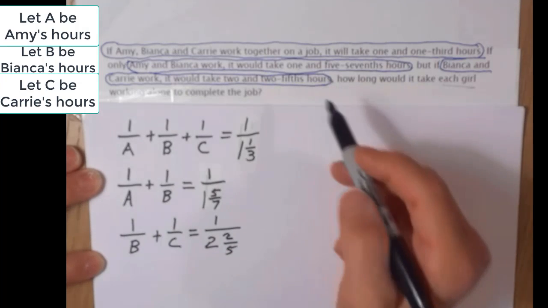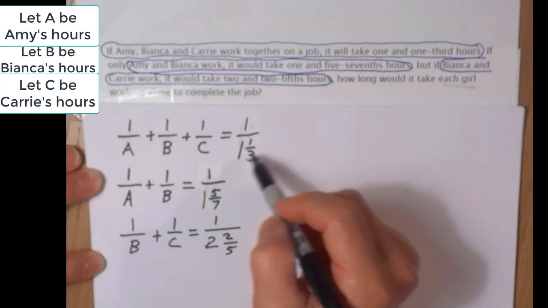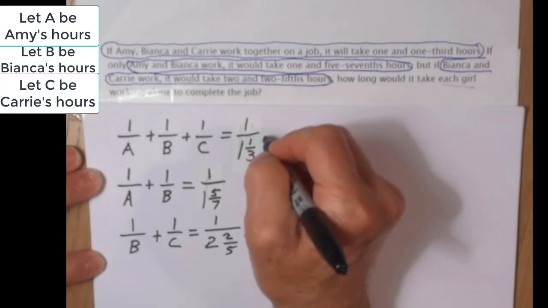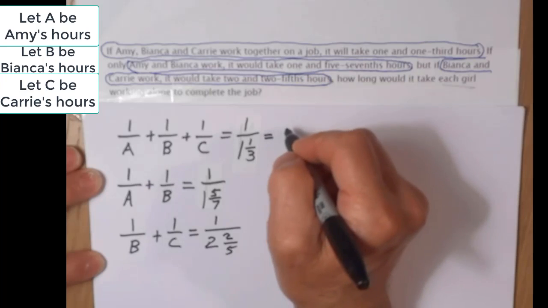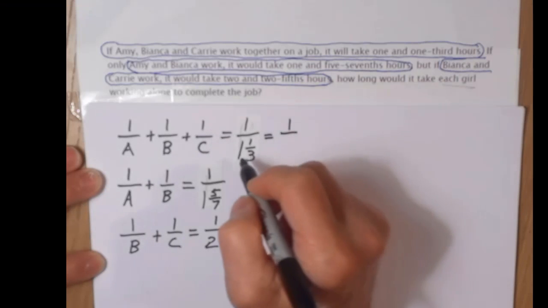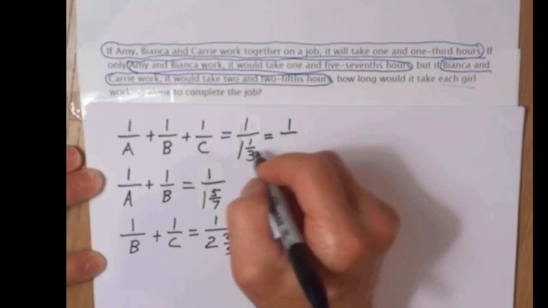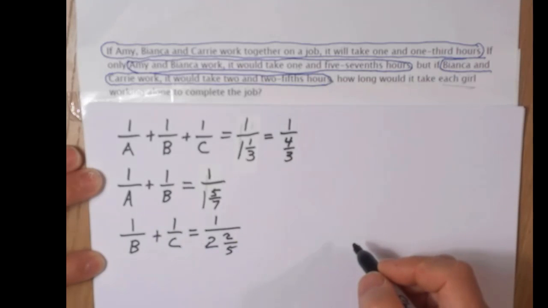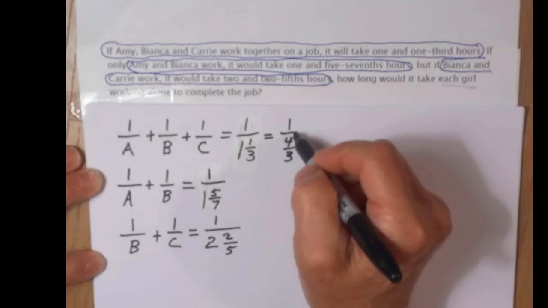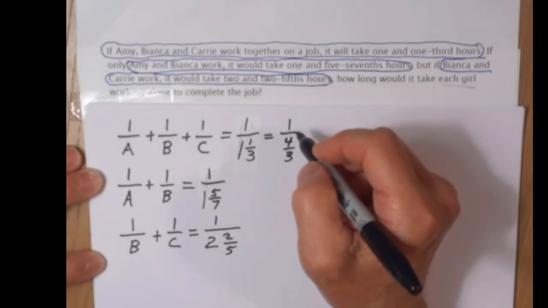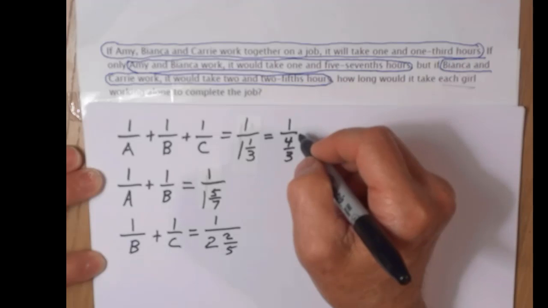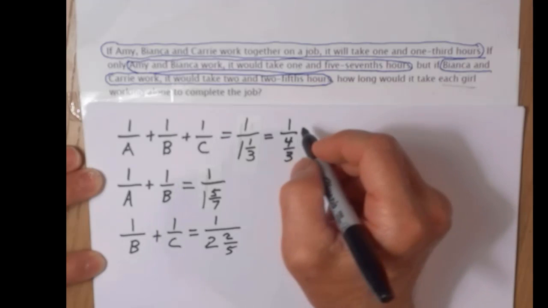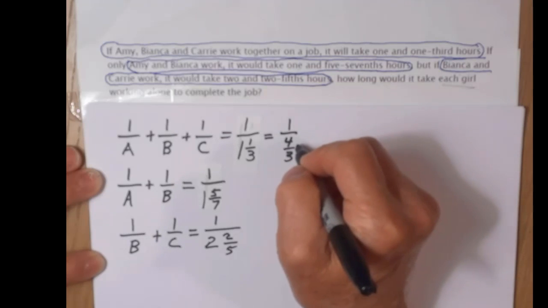Okay, so first of all, we take a look at these equations, and we want to get rid of this number here because it looks kind of awkward. So what we're going to do is we're going to say this is 1 over 1 1/3, which is 1 over 4/3, right? Now, how do we get rid of that funny looking fraction? Well, we can multiply any fraction, both the numerator and the denominator, by the same number. And so we're going to do that, and what we're going to do is multiply by the reciprocal.